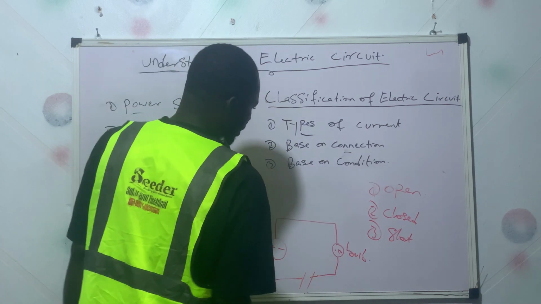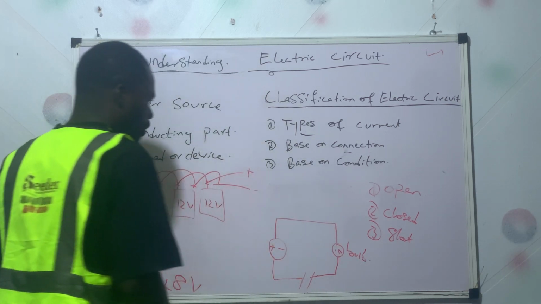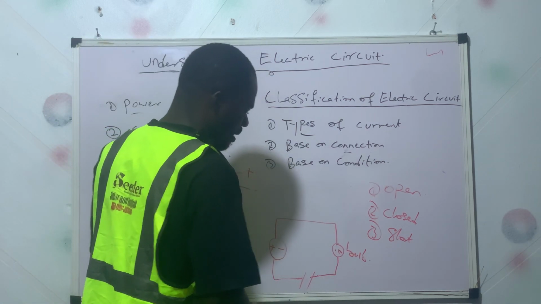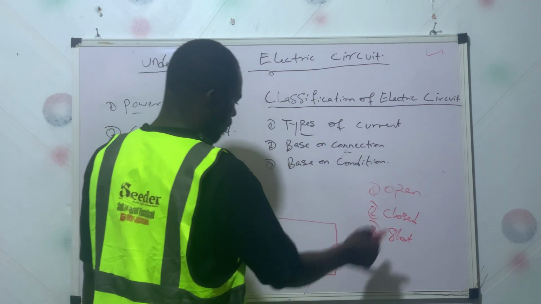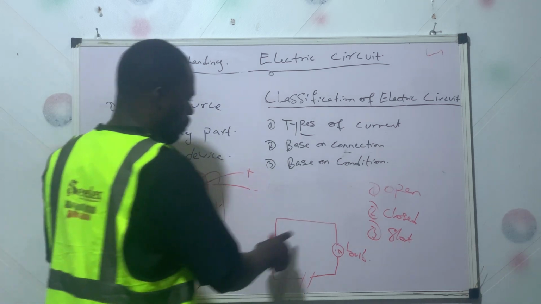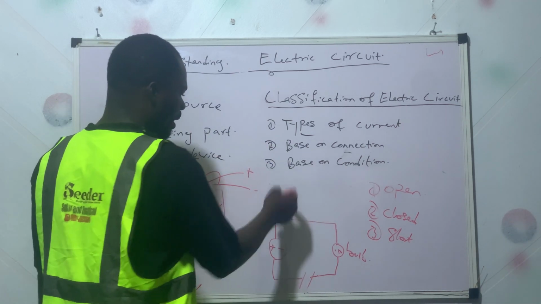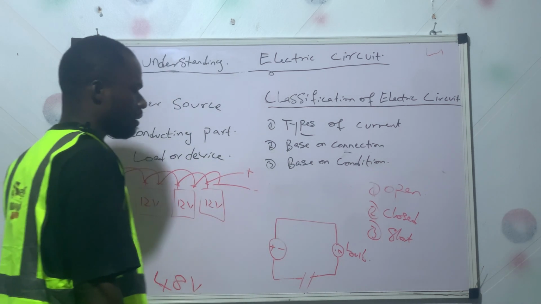This will be an open circuit and the bulb will not glow because the whole part that makes up a circuit is incomplete. The conductive part, which is wire or cable, is not complete, so the bulb will not glow. This is an incomplete circuit.